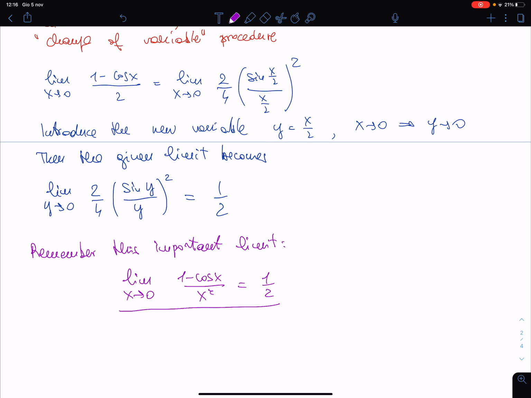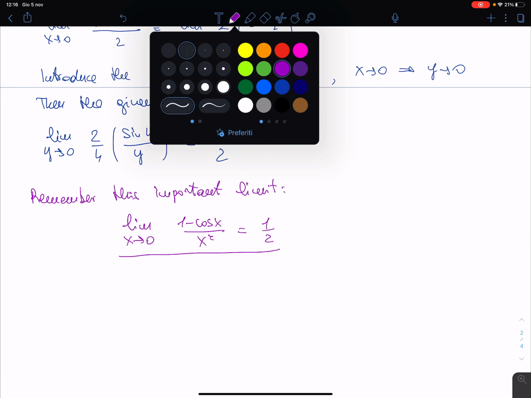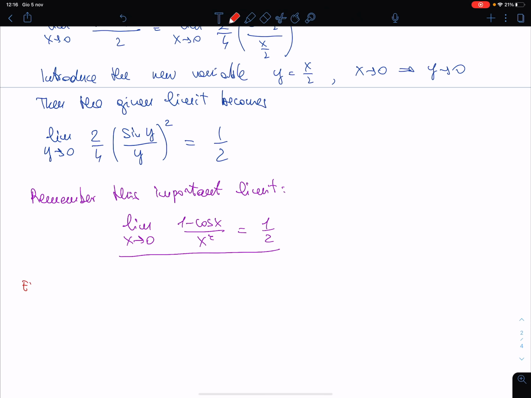And then we can also compute another important example.